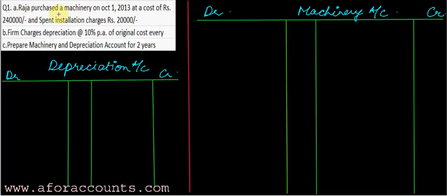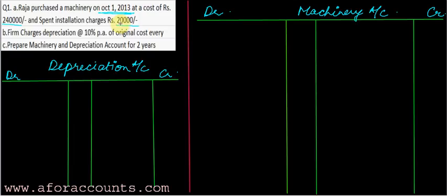Okay, Raja purchased a machinery on 1st October 2013. So underline the date. The date is very important to find out the amount of depreciation. At a cost of rupees 2,40,000 and spent on installation charges rupees 20,000. First of all, you need to know that the installation charges should be added to the cost of machinery, because installation charges are incurred before the machinery is actually put to use.